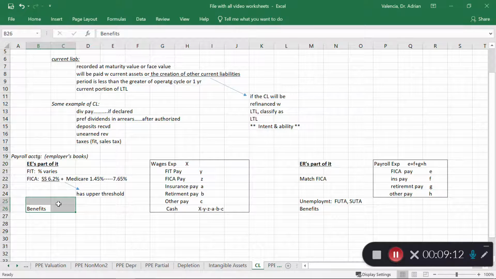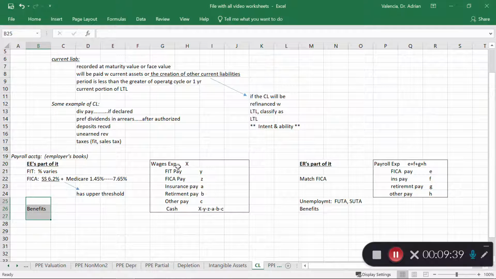That could be medical insurance, dental insurance, anything that the employee is paying out of their paycheck. Could also be monies that they're putting aside for their retirement. Could be contributions to charitable organizations, many, many other things. And all those things that the employee is paying for would be listed as a short-term liability.